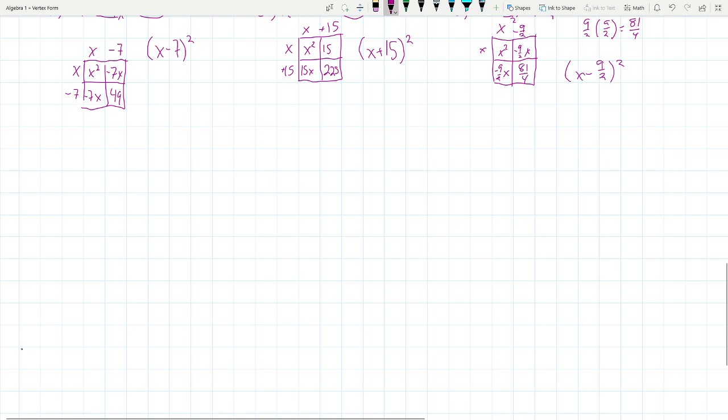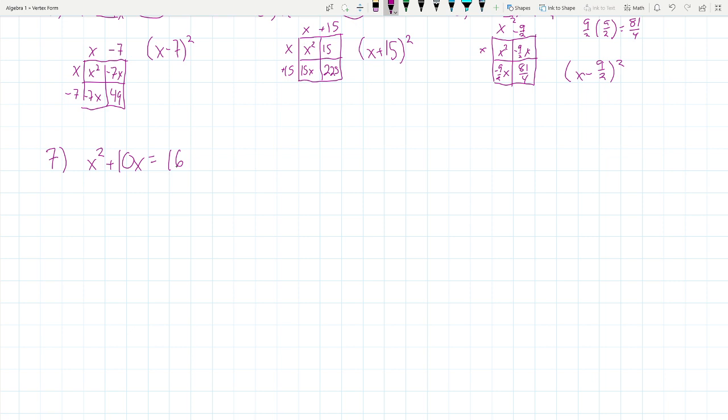Okay. Now, you might have been going like, well, how can we do that? We're not supposed to be able to just add numbers. And you're right. We're not able to just add numbers into an equation. So if I look at number 7, where I have x squared plus 10x equals 16. How this is a little different from what we were just doing is we have this equal sign in there.